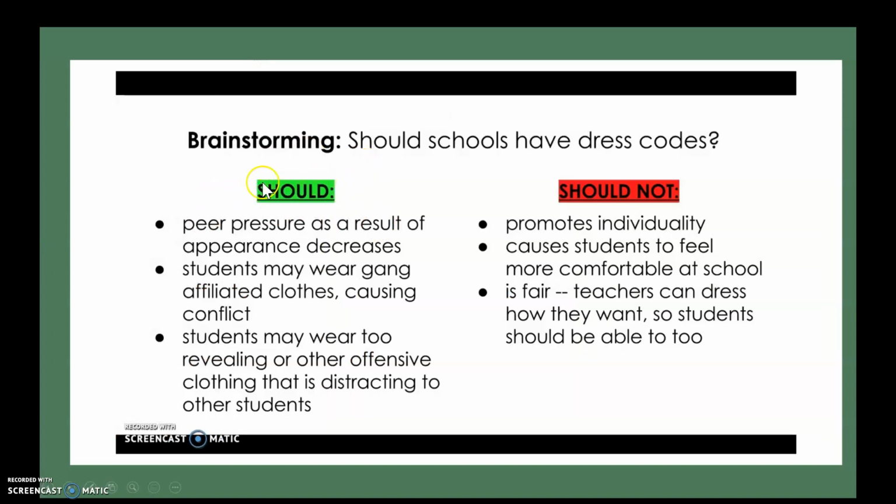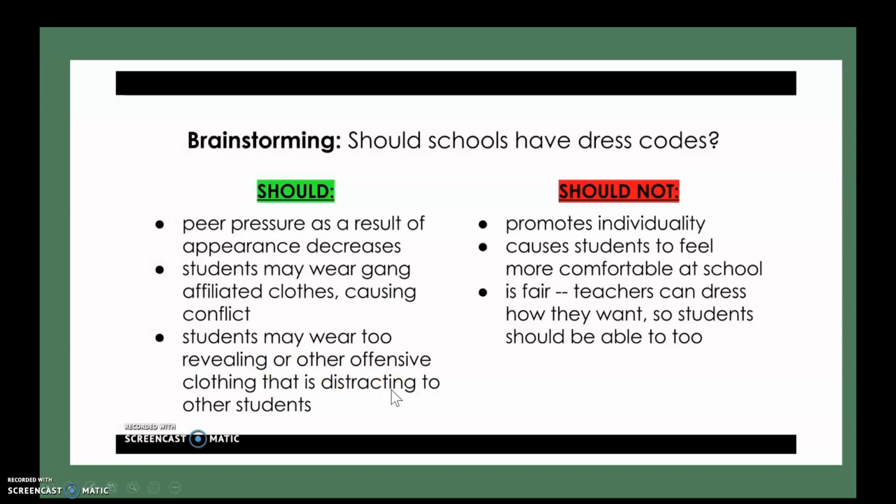So here's an example of brainstorming, pre-writing. Should schools have dress codes? Here, this person just basically did a T-chart. Should and should not. Here are some reasons that schools should have dress codes. Peer pressure as a result of appearances decreases. Students may wear gang-affiliated clothing, causing conflict. Students may wear too revealing clothing or other offensive clothing that's distracting to other students.